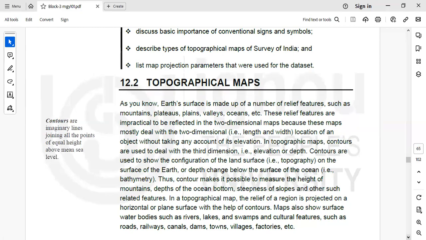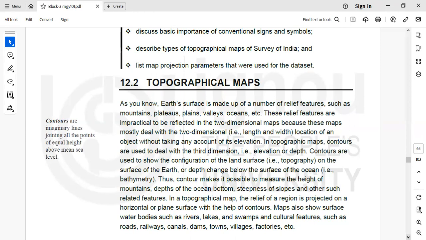Representing the height in the map makes the topographical maps differ from the other maps. That is why they are known as the topographical maps, because they represent the topography of a particular area.